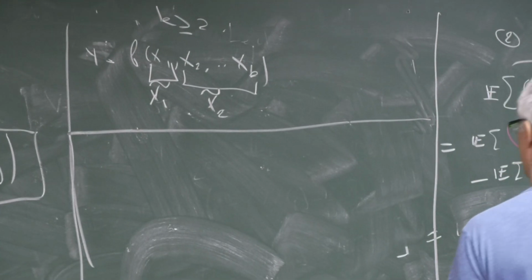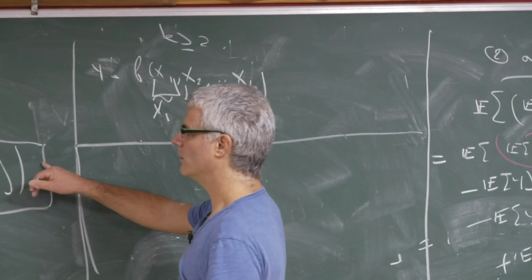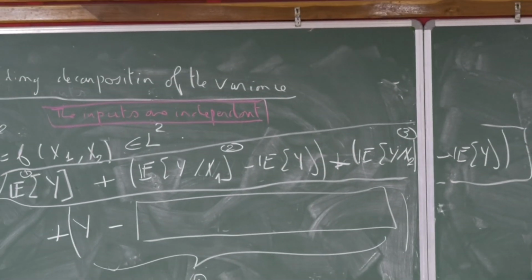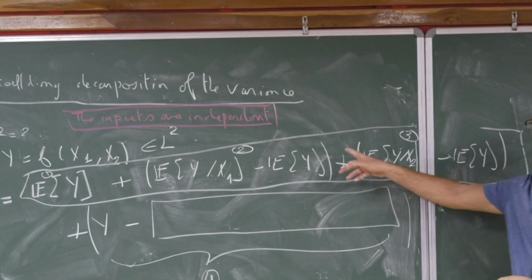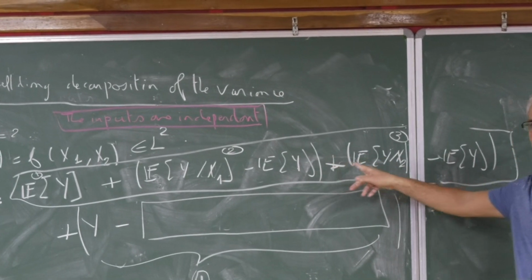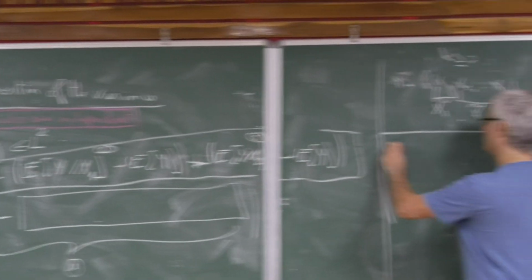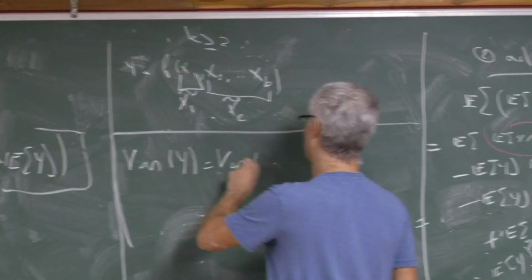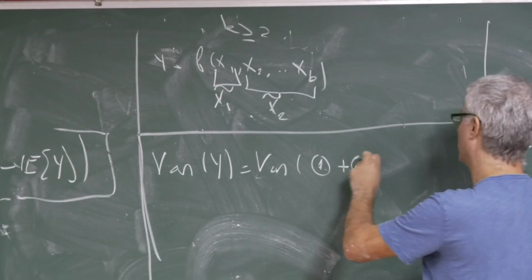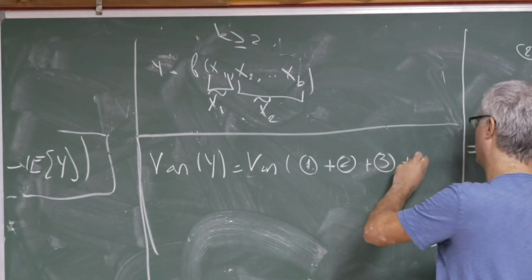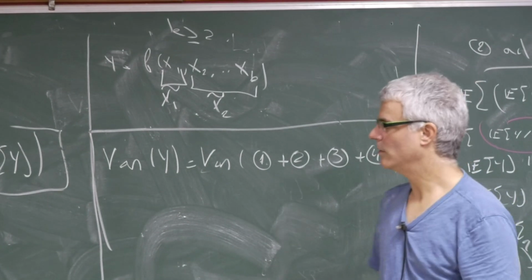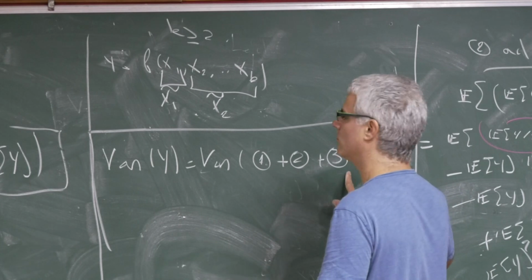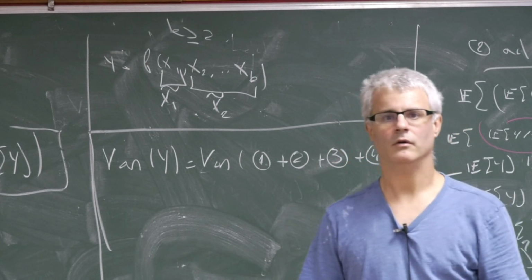So now what is happening? We have this Hoeffding decomposition, okay? So now I can compute the variance. If I compute the variance here, we'll have that the variance of y is the variance of 1 plus 2 plus 3 plus 4, okay?